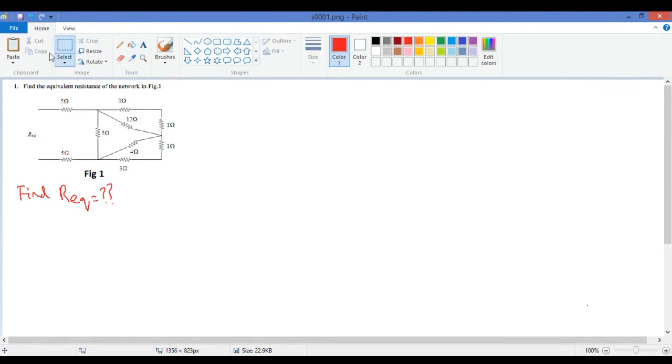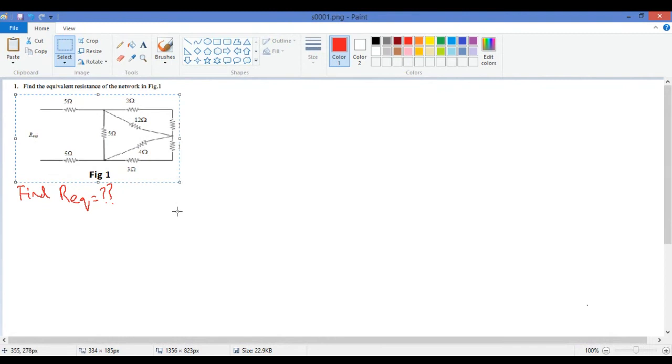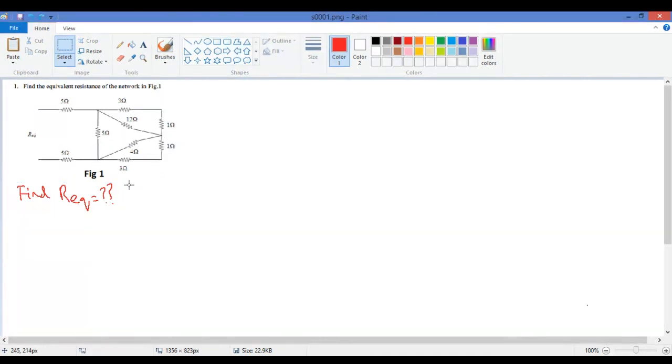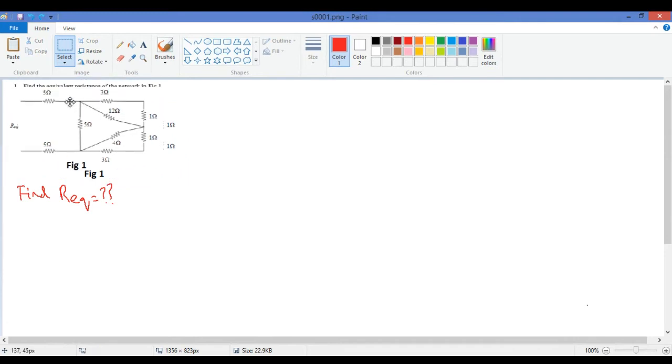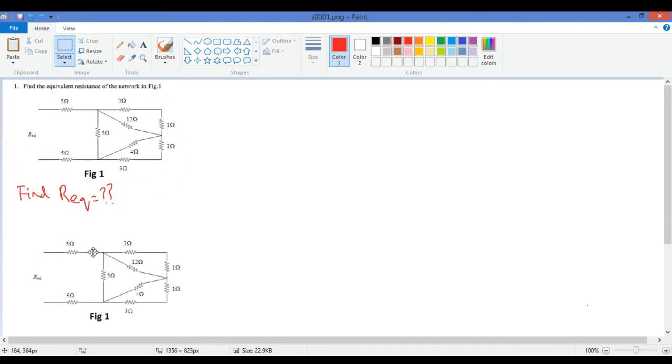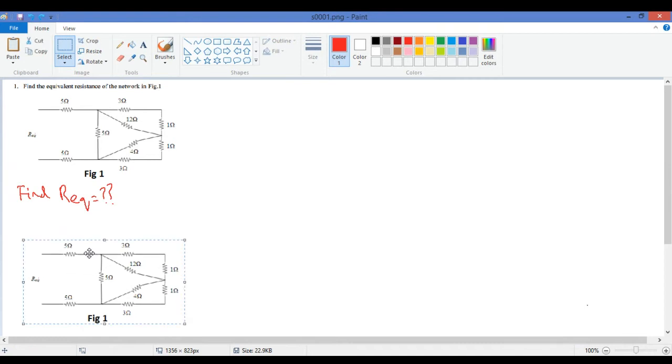So what I will do is take this circuit and write here step 1.